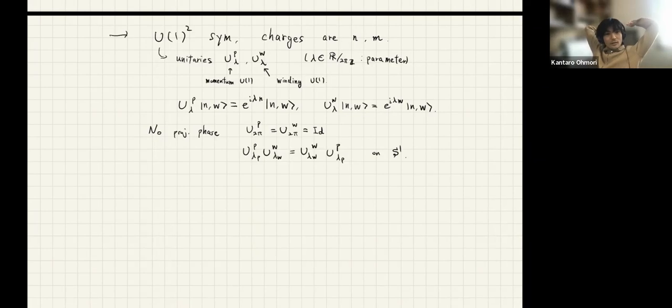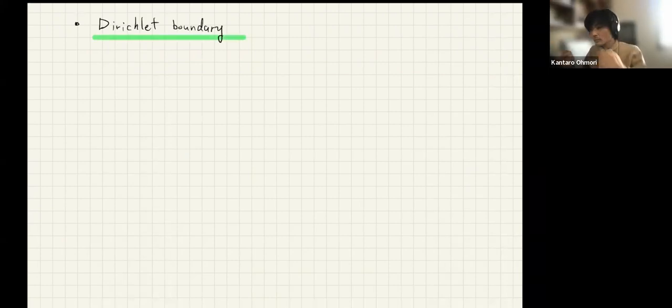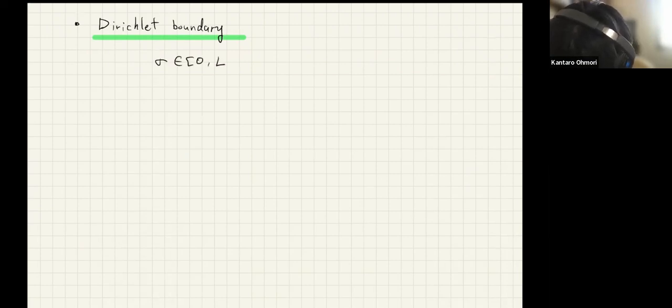Okay, so then let us move on to the case with the D-shaped boundary conditions. Here we take sigma inside 0 and say maybe L, or maybe let me just go with 2 pi.